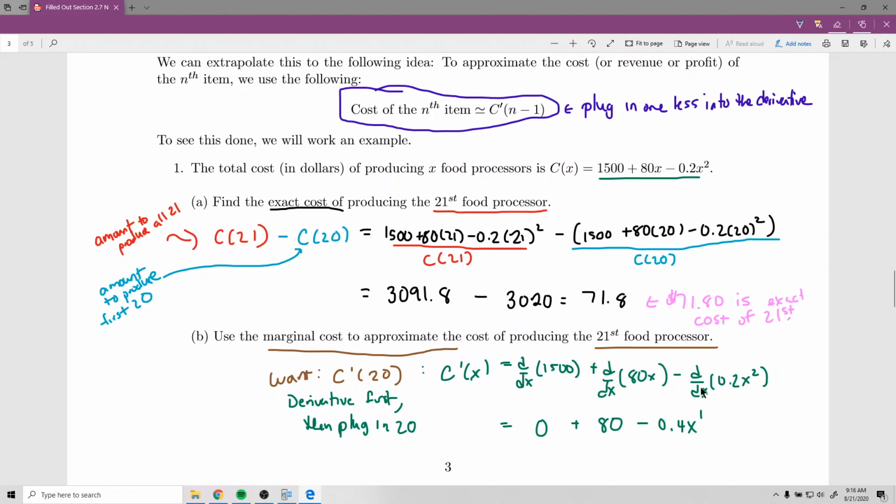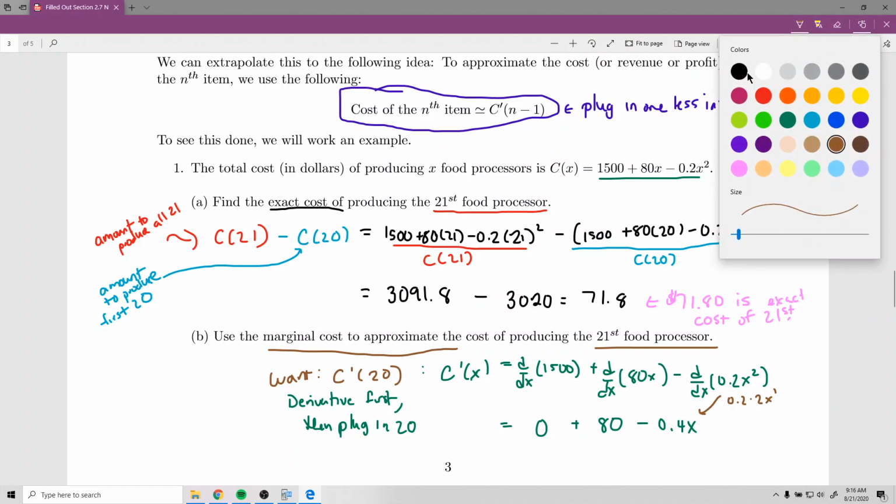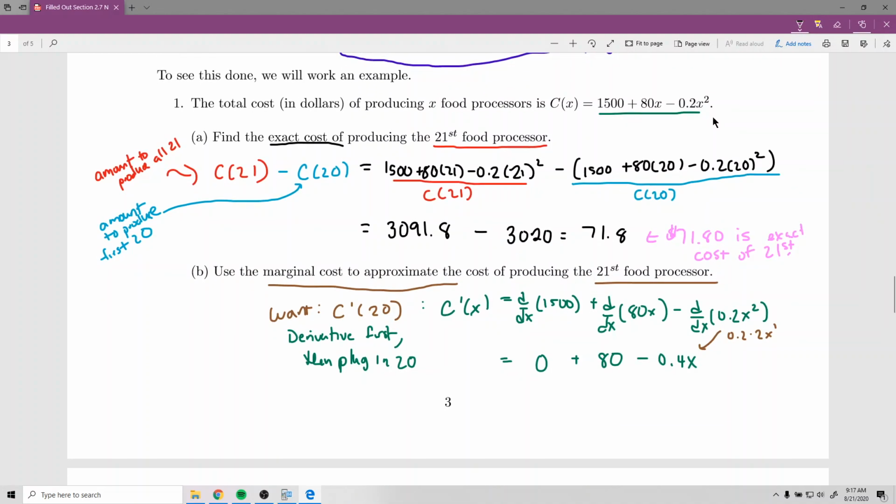But since it's just the first power, I'm not going to rewrite the invisible first power. Right, but it's just the derivative like with the power rule from before. 0.2 times 2x to the 1 power. Saving myself a little room. Right. And then you can simplify the 0 here, but since we want C prime of 20, just ignore it.